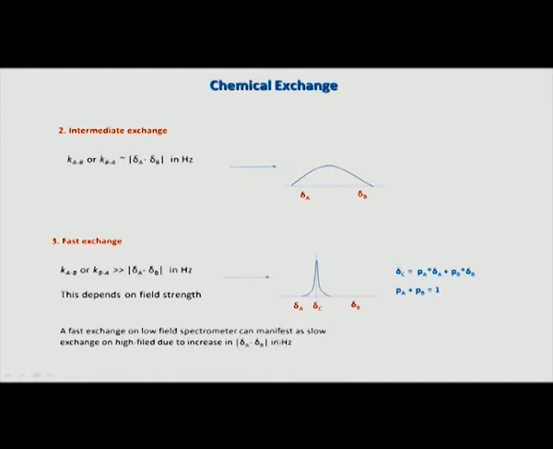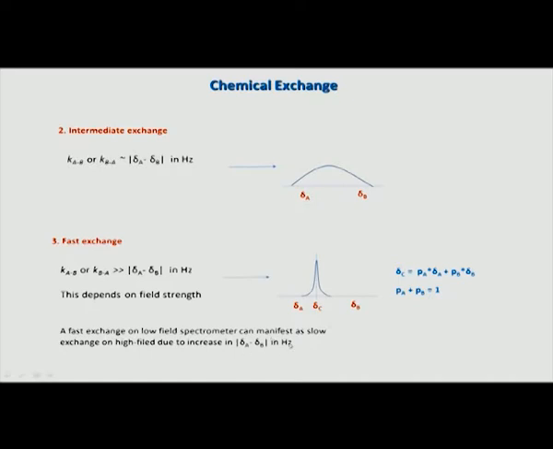So, when this increases, with respect to the k, it changes. If the k, let us say, is 40 hertz, and it is coming close to this value, it becomes intermediate. But if I go from 200 to 800 megahertz, I will increase this number by 4 times, then it will become a slow exchange process.